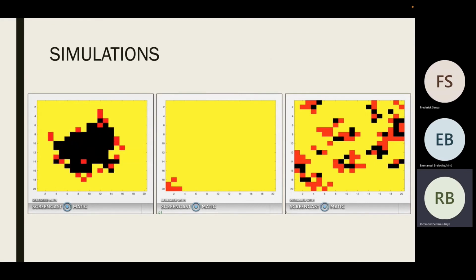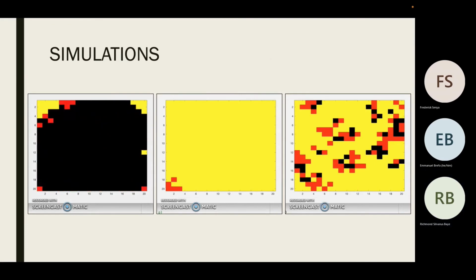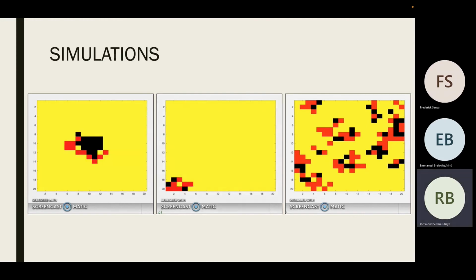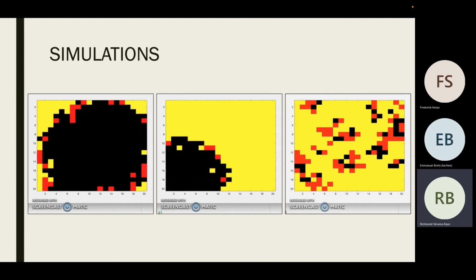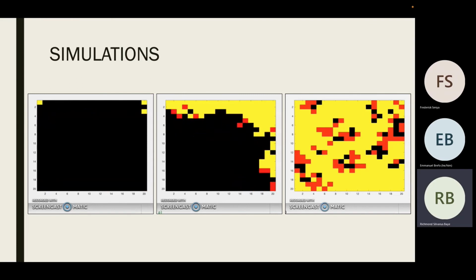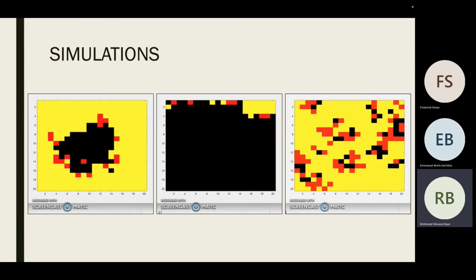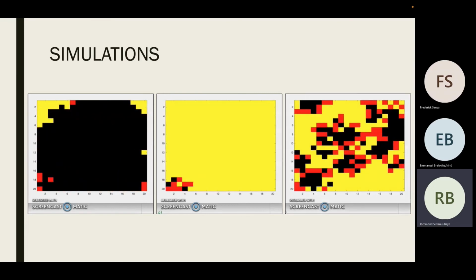After running our simulations in MATLAB, these are the graphs we got. First, the yellow color represents normal potatoes. The red ones represent infected potatoes. And the black ones represent rotten potatoes.